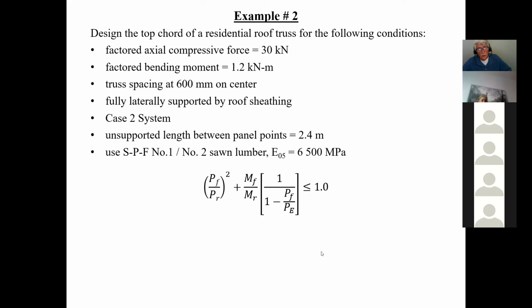Okay, so here we go. Now, in this problem, it's very simple, right? I've got this. That's that. I got this. That's that.